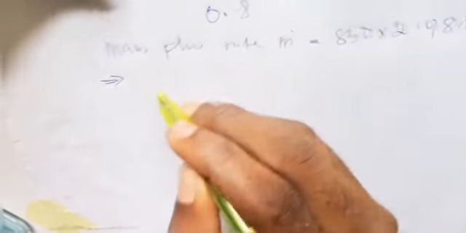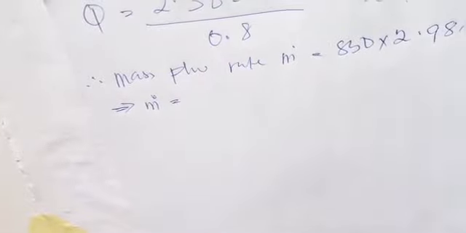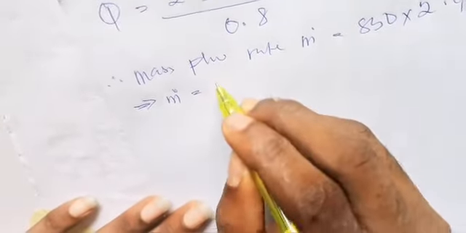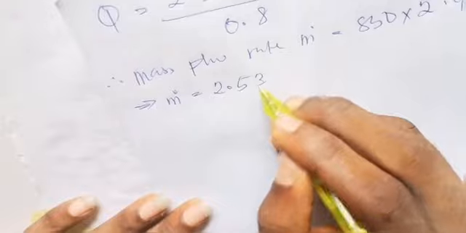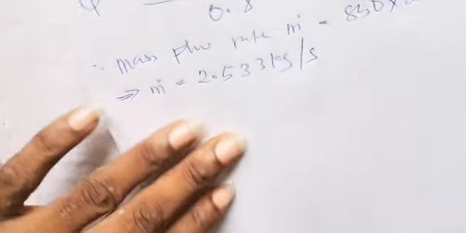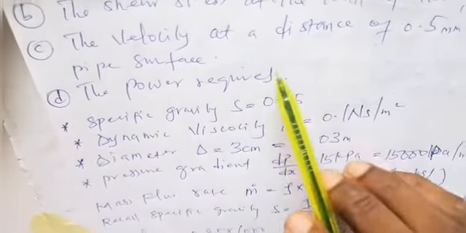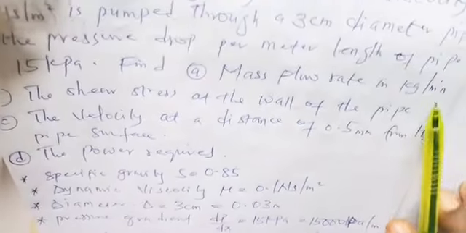So the mass flow rate gives us 2.533 kilograms per second. But not forgetting, the question says calculate the mass flow rate in kilograms per minute.